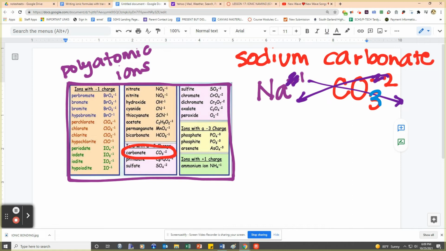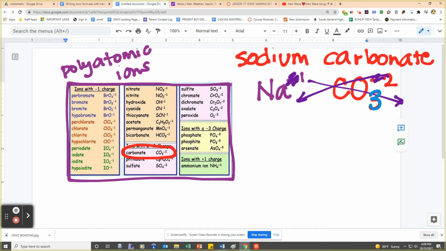You see that 3 there? That 3 is already a subscript. It's already down there, which means you don't change it. You never ever change a number that is already a subscript when you get the formula from the ions. You got it? So again, since it's already down there, you never ever change it.